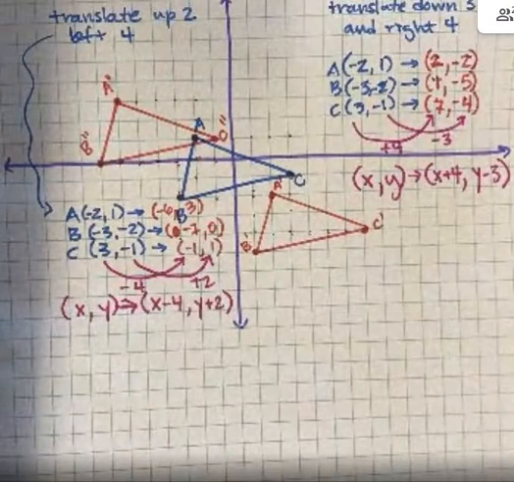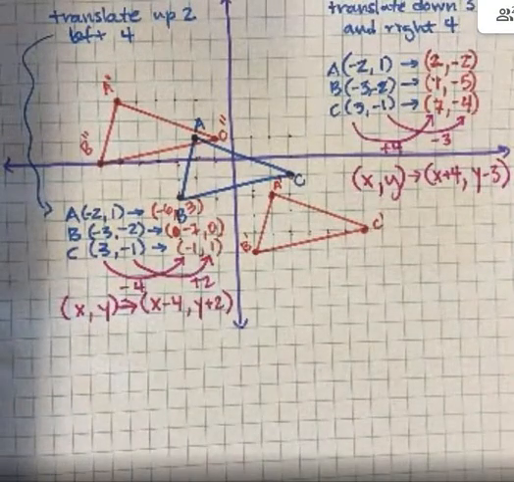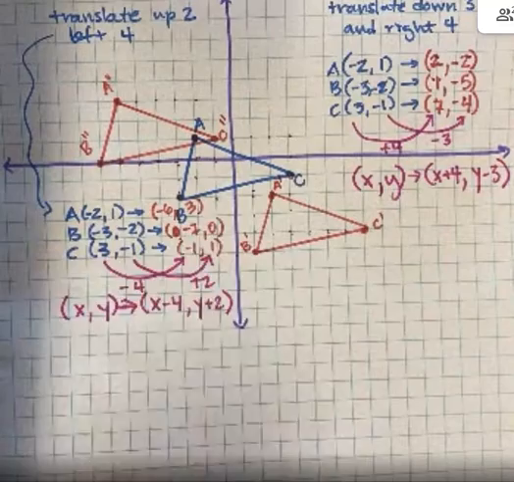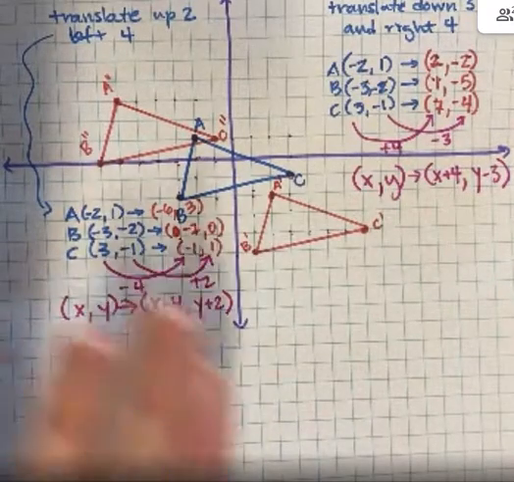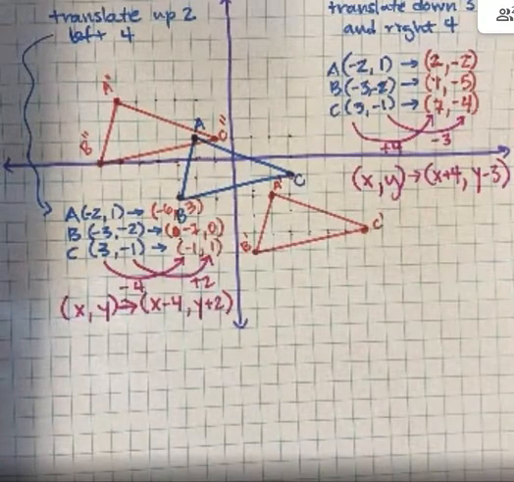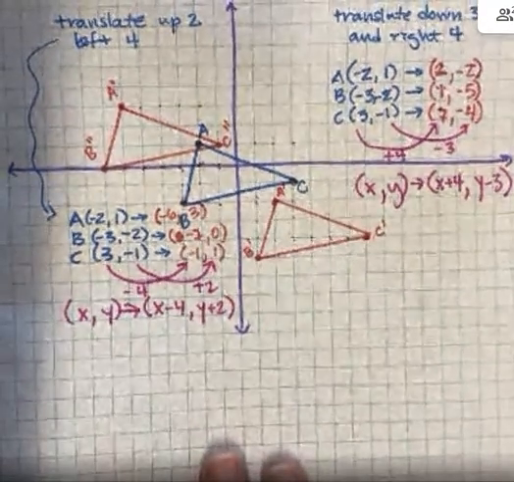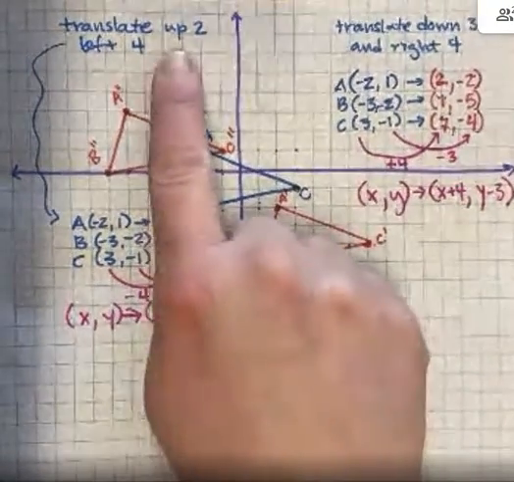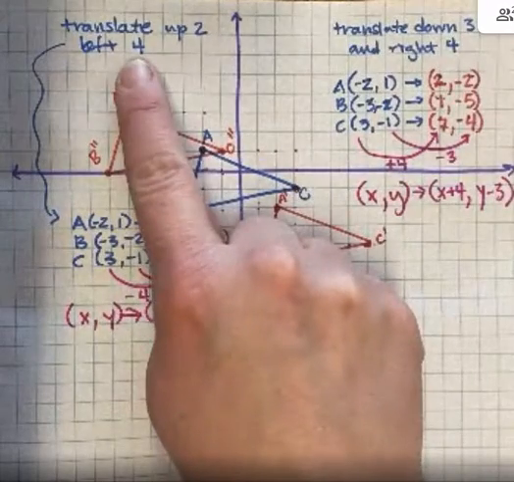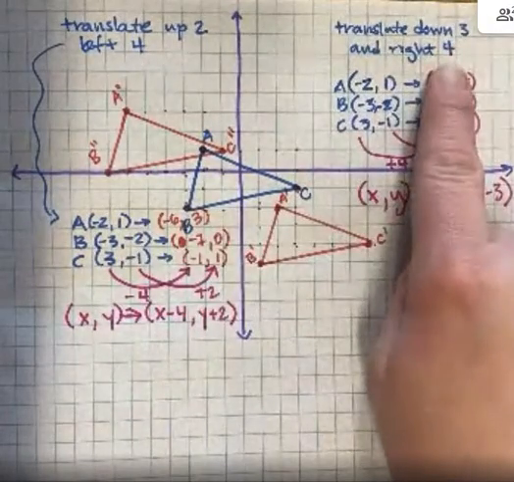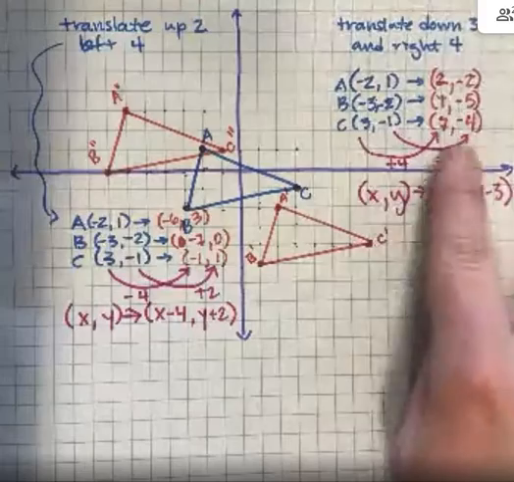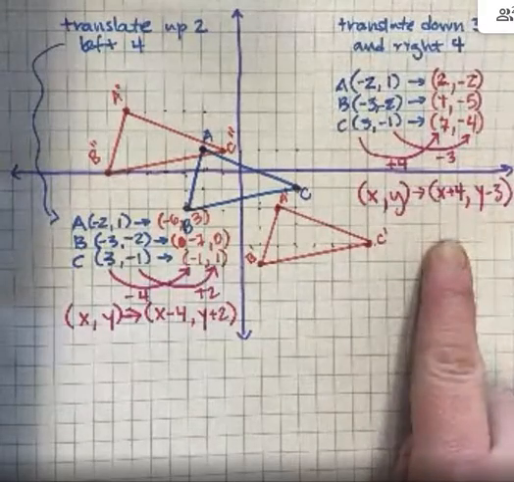So while I can't write the same sort of rule, like x, y becomes negative x, y, or x, y becomes y, negative x, I can't do quite that sort of pattern. What I can do is use these translation rules, going up 2 to the left 4 or down 3 to the right 4, and translate those into my coordinate pairs.